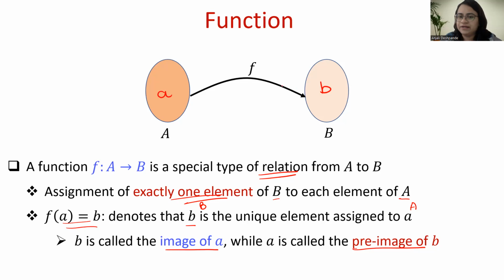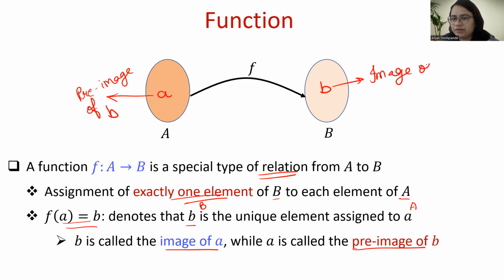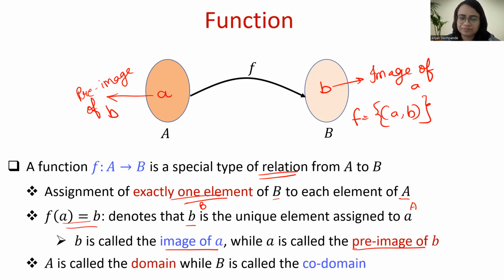So here a is related to b in the function f, and a is called the pre-image of b and b is called the image of a if (a, b) is in the function f.